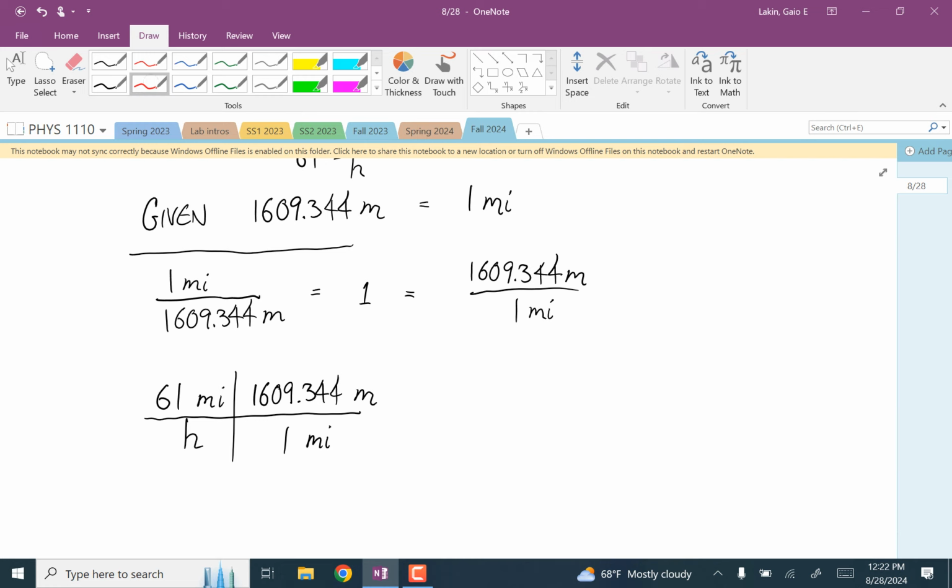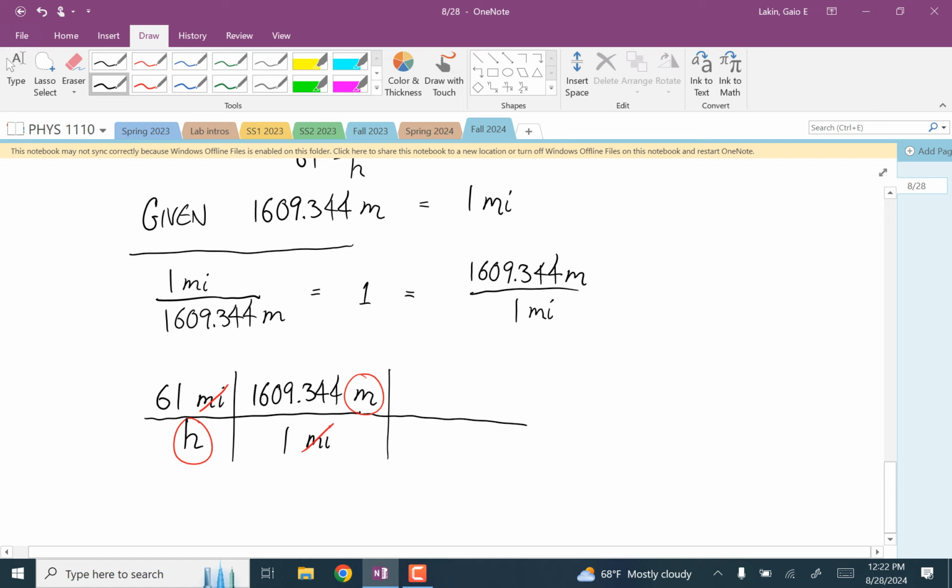So what happens here is, because I chose this one, the miles cancel each other. And the units that we're left with are meters and hours. Okay, well, you could do it in steps like that, but I'm just going to keep going in this same multiplication, because we also don't want the units of time to be hours.